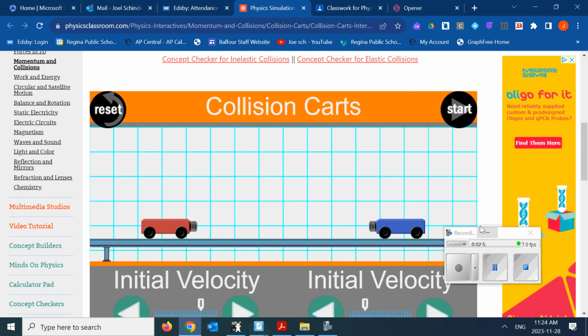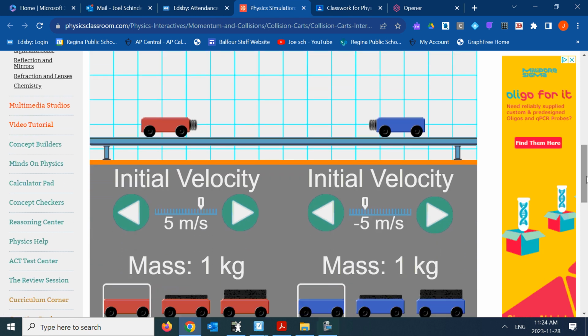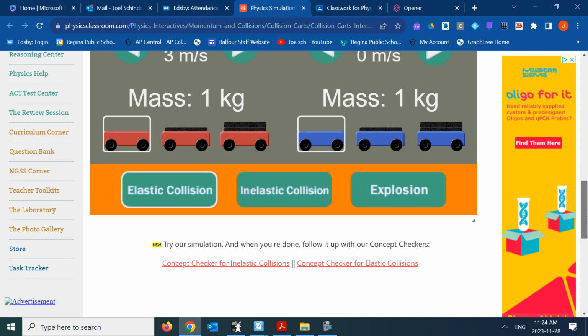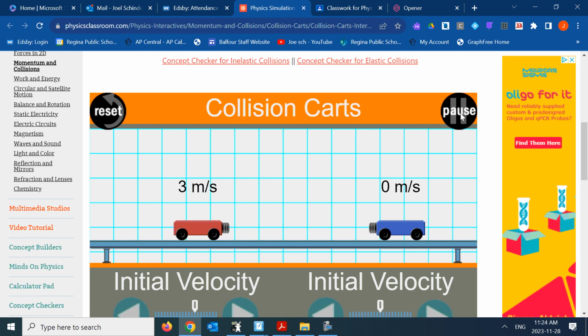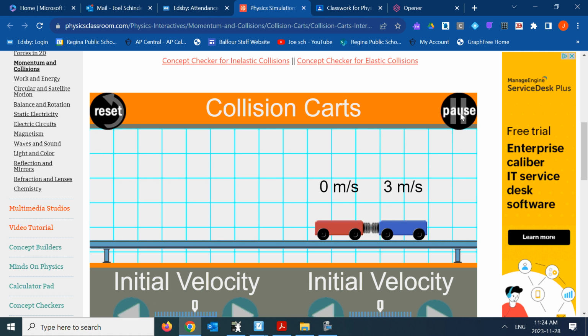So let's see here. I've got this at 3. This one I'm going to have at 0. And I have the masses matched. I'm doing an elastic collision. Let's start. As predicted, right? You've seen this before, probably.